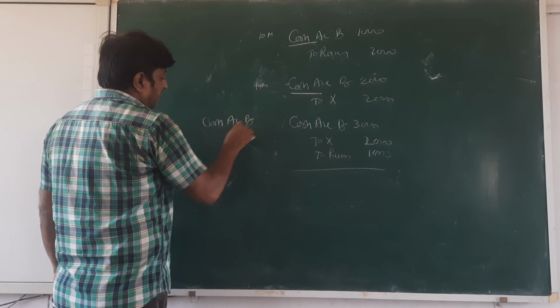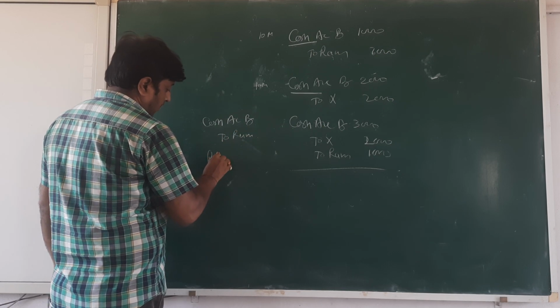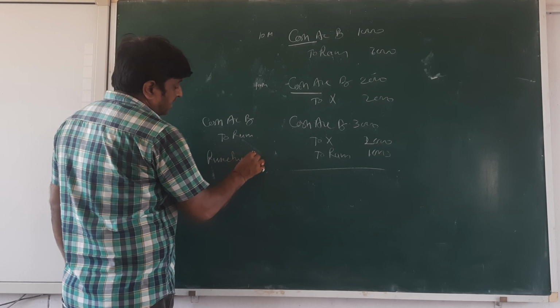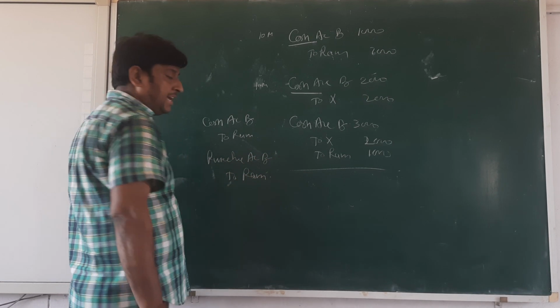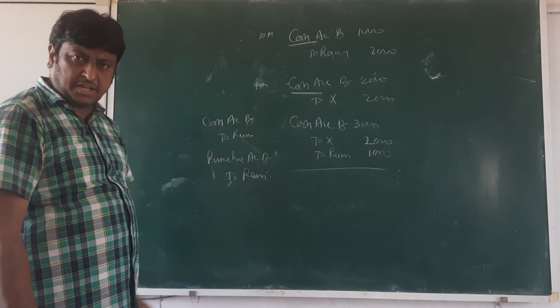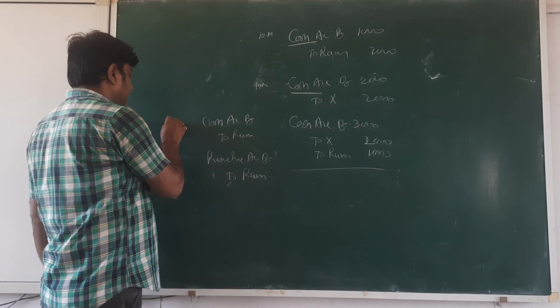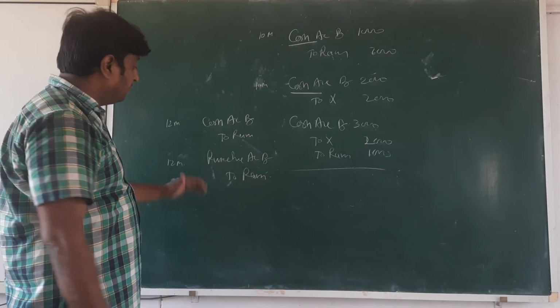As like that: cash account debit to Ram, purchase account debit to Ram. Here again Ram is credited in both entries, and the date is the same, 12 March. Then we can combine this entry, and how?